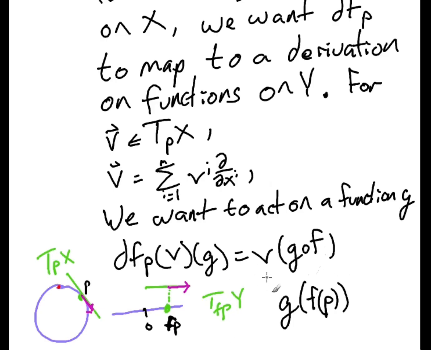We want the differential operator applied to the composition g of f. So any point that we have in the circle, we apply f, see where it lands, and then we apply this new function. We can apply this as a differential operator to this function.